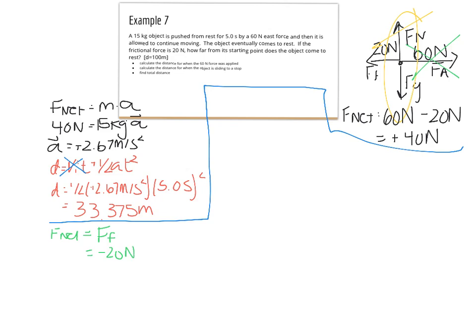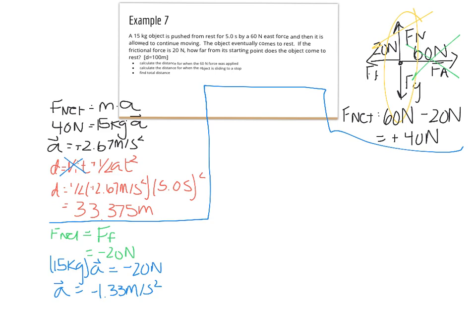All right, so mass times acceleration equals negative 20 newtons. So remember, F net is mass times acceleration. So again, 15 kilograms times some acceleration, now we're decelerating hopefully, is equal to negative 20 newtons. Acceleration is negative 1.33 meters per second squared.